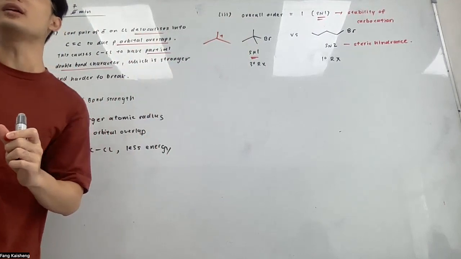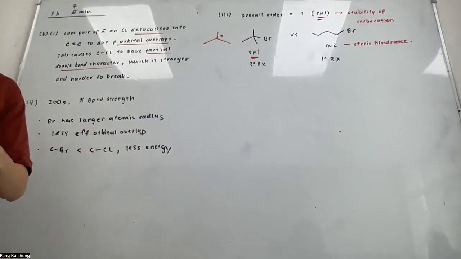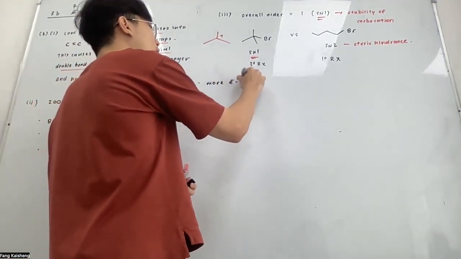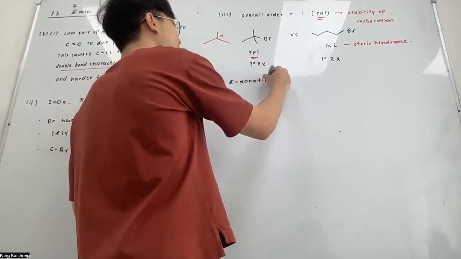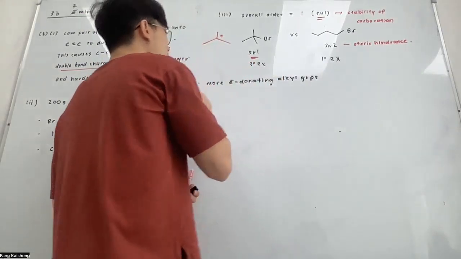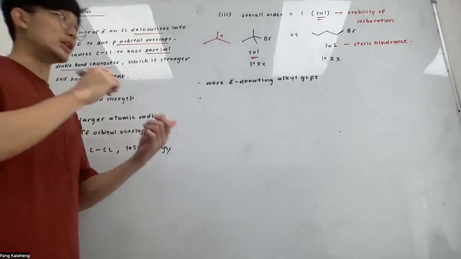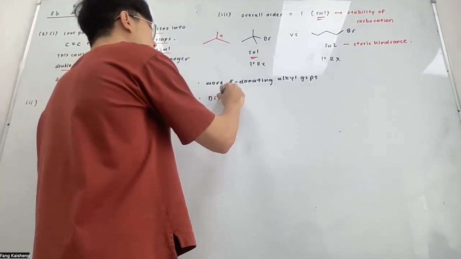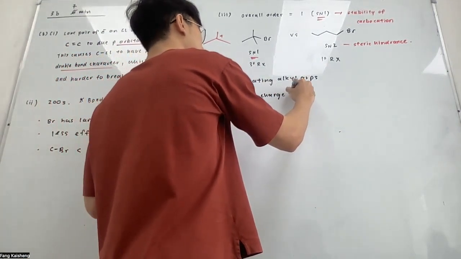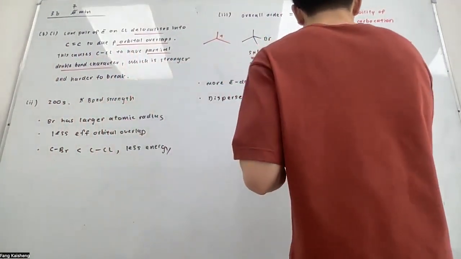Very simple, right? So what's the reason over here that this is stable? Okay, it has more electron donating alkyl groups, which will do what? What's the next point? More electron donating alkyl groups, which will disperse the positive charge to a larger extent, compared to a primary carbocation, that's for sure.